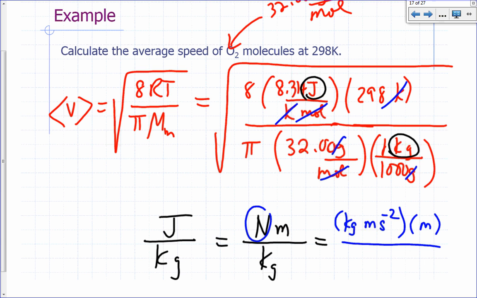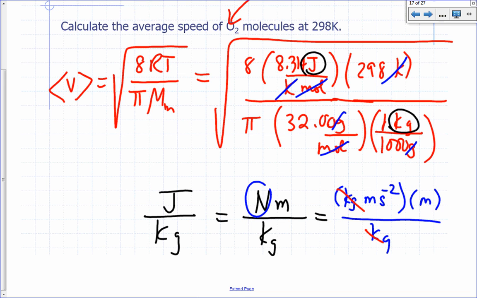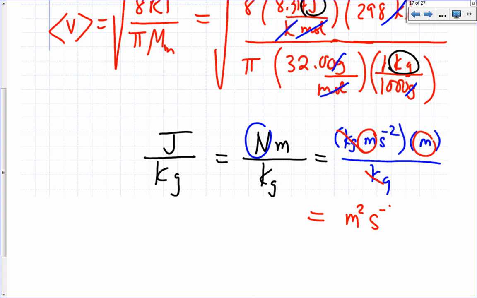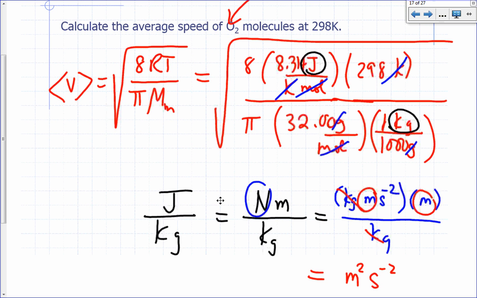And times a meter over kilograms. Your kilogram cancels out. So what do you have left inside in terms of base units? The unit inside is going to be meters squared per second squared. And if you take the square root of that, the unit that comes out will be meters per second.